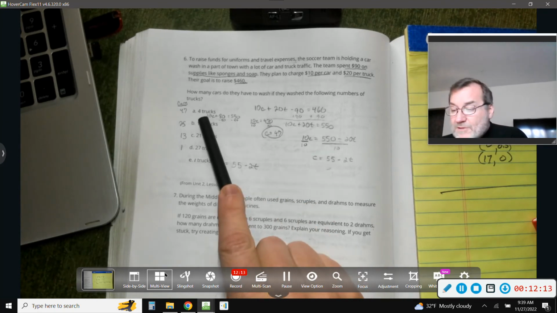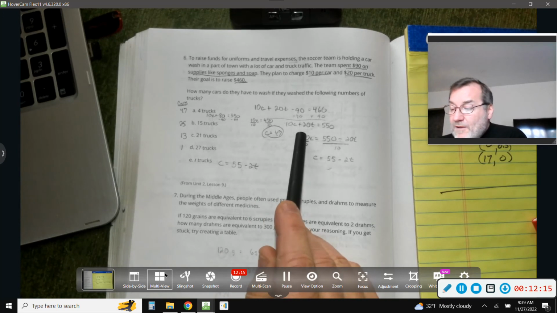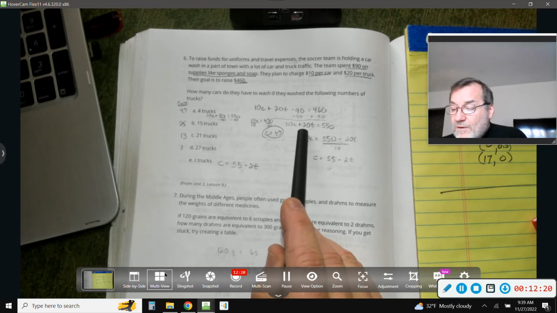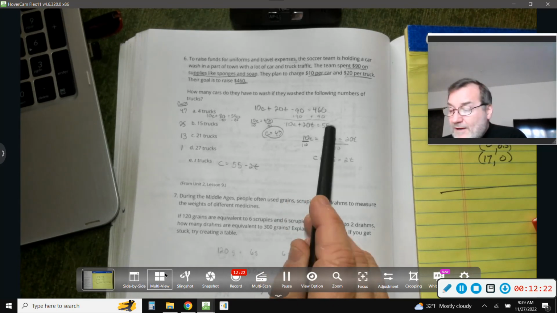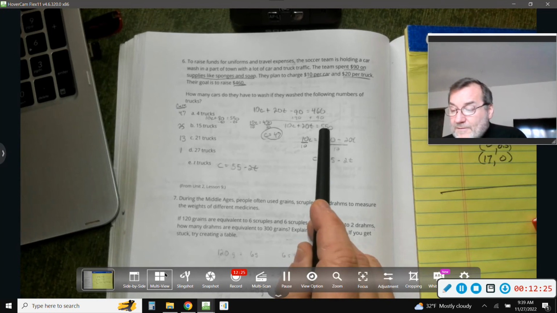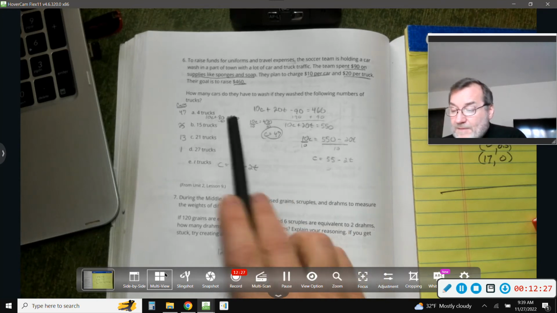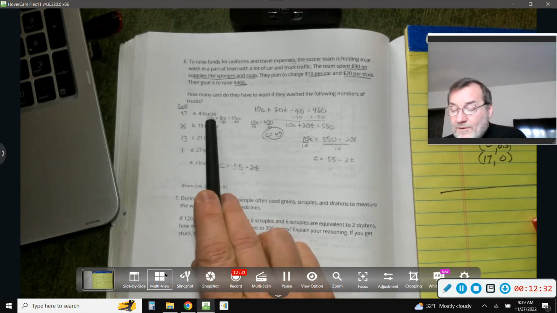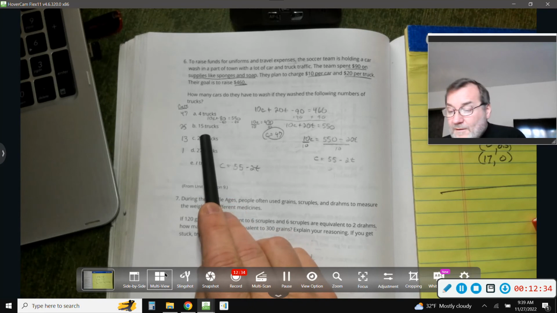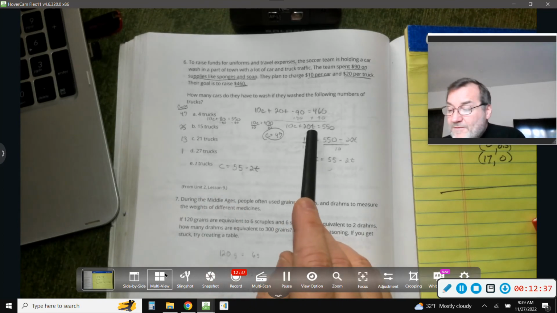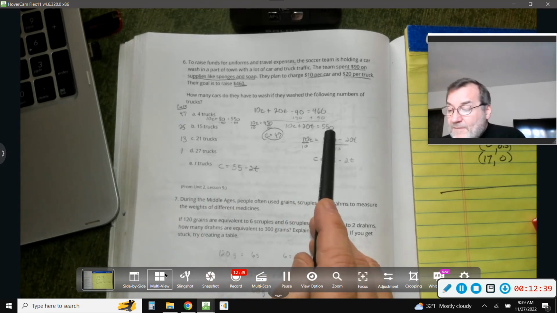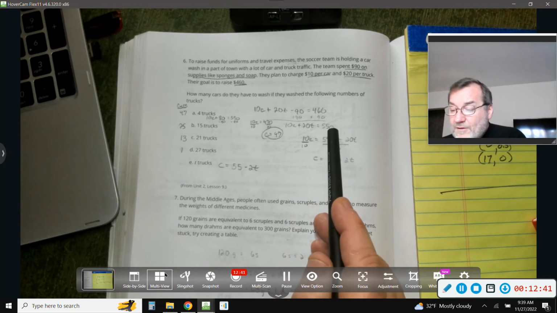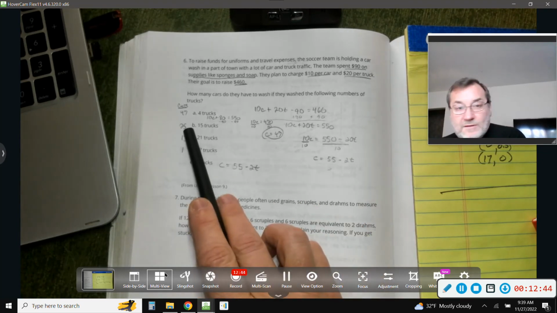Okay? So if I have 4 trucks, that's 4 times 20, so that's 80. Subtract 80 from each side, and you'll get $470. So you'll need 47 cars if you're going to only wash 4 trucks. Well, if you have 15 trucks, 20 times 15 is 300. 550 minus 300 is 250, so you'll need 25 cars.